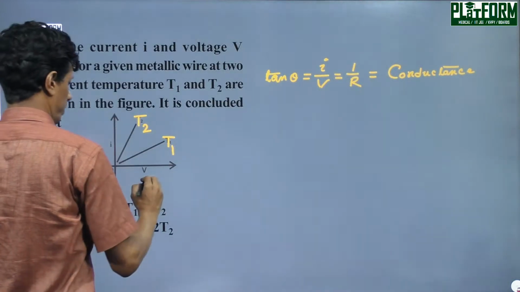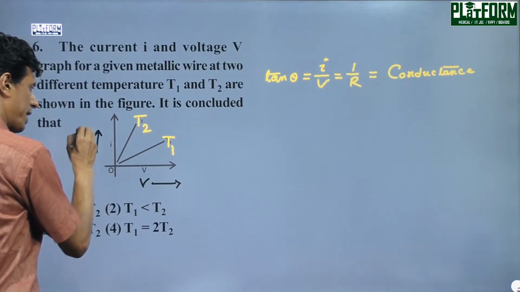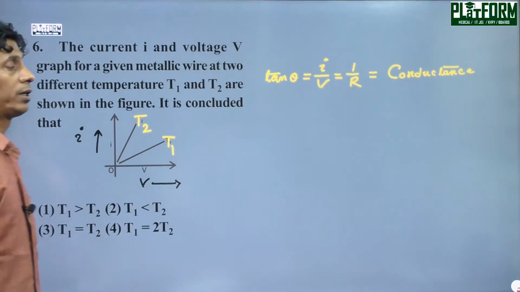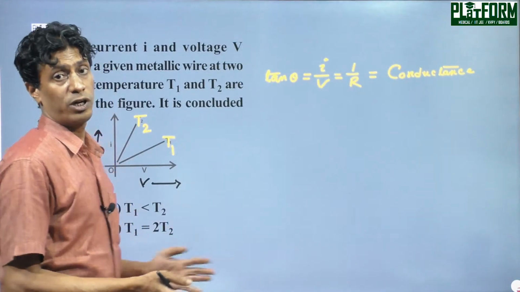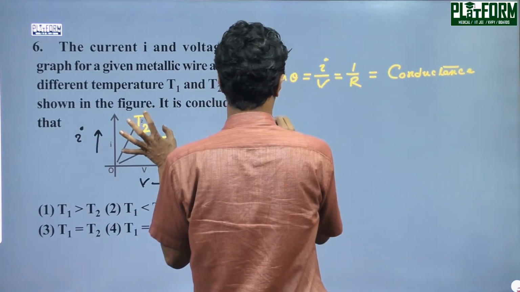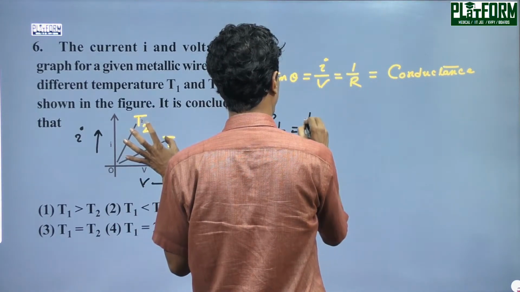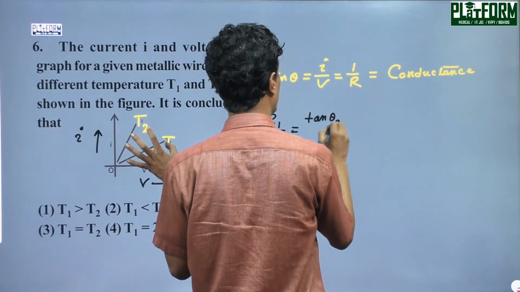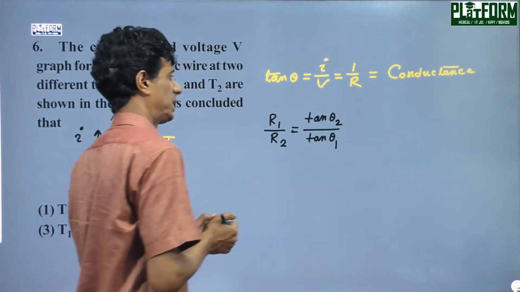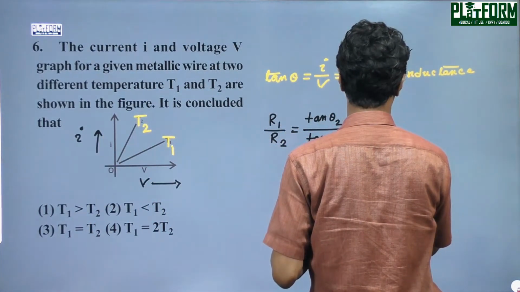Since voltage is taken along the x-axis and current is taken along the y-axis, the slope of this graph is I by V, and tan theta is the slope of the graph, which is 1 by R, and the reciprocal of R is equal to conductance. R1 by R2 is tan theta 2 by tan theta 1.